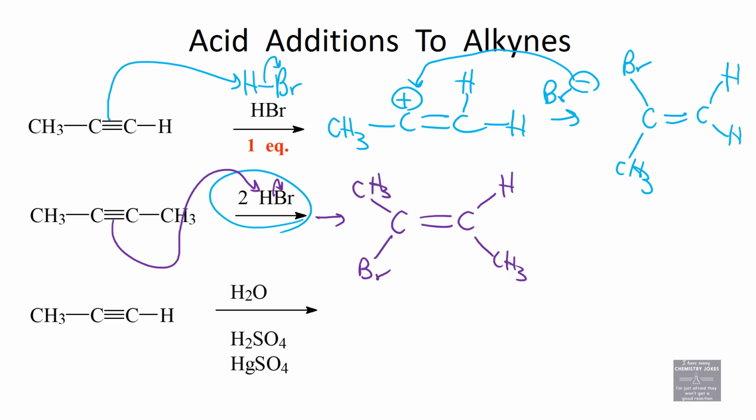The only difference is I've got a methyl and a hydrogen on one side instead of two hydrogens. Note, I have drawn this like a Z isomer, with highest priority groups together, but really it would make both E and Z products. You follow me? But I'm adding two equivalents of HBr.